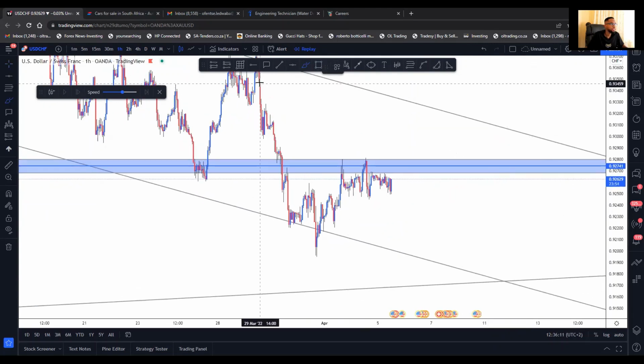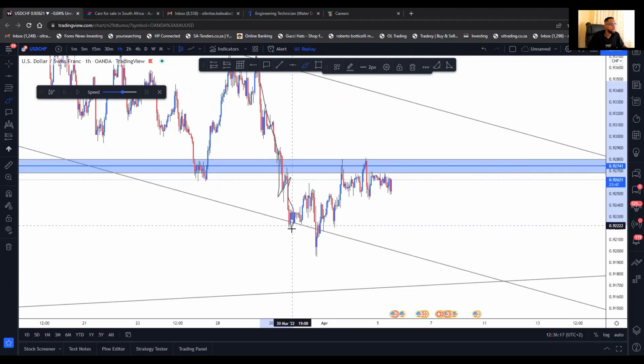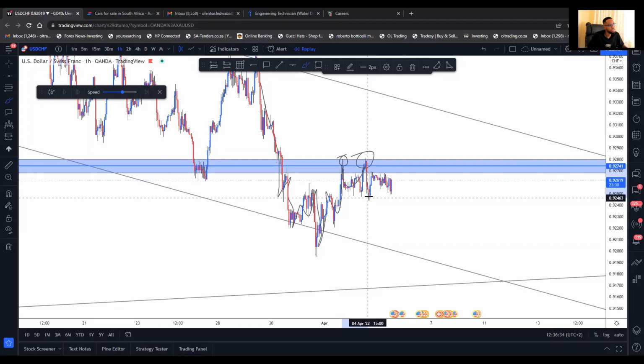The market broke, retested, then shot down, correction, down, then a bigger correction, which now I can look at as a double top. Then it created something like an arc formation, then impulse down.